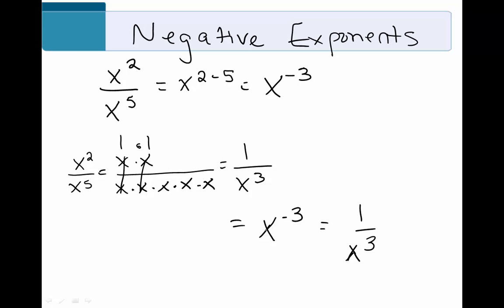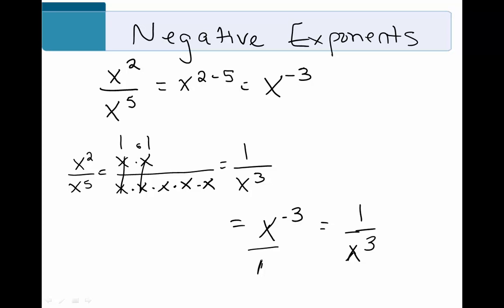This helps us understand how we can rewrite answers with negative exponents so that they have positive exponents. What you're going to do is take the reciprocal of the base. So the reciprocal of x is 1 over x. Notice that drops the base to the bottom and it will make your exponent positive. And this is summed up on the next slide.